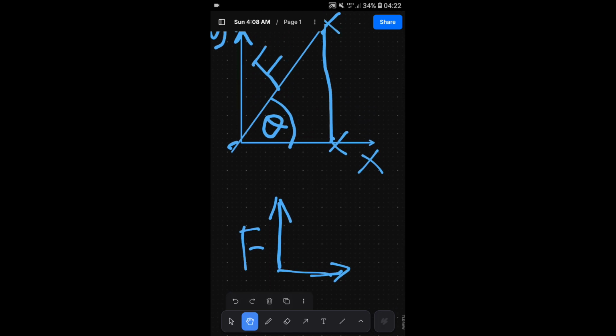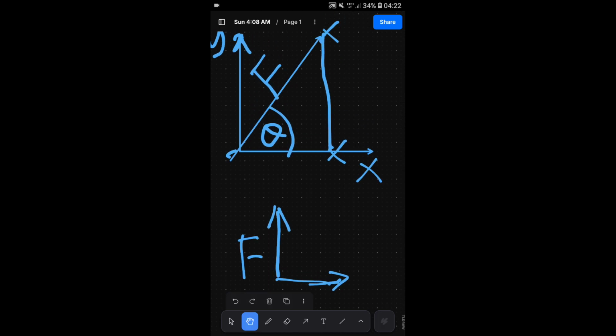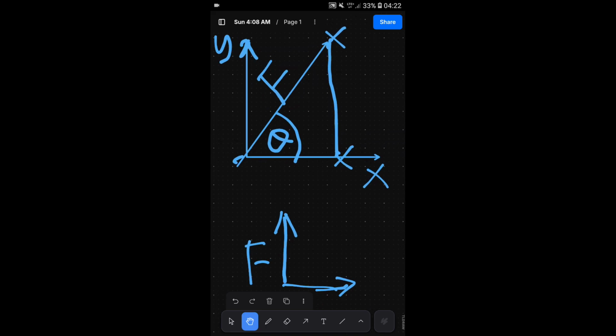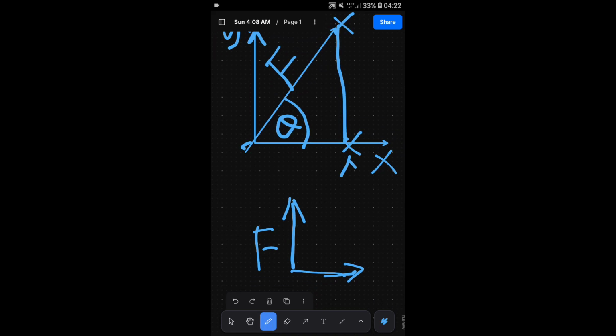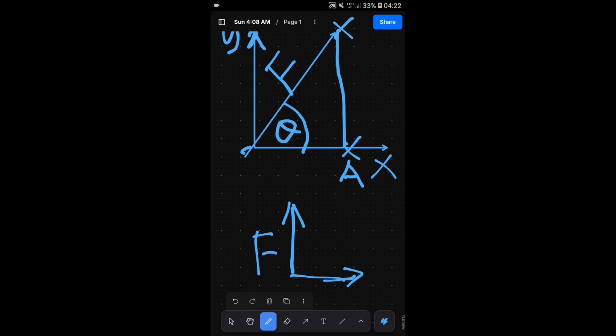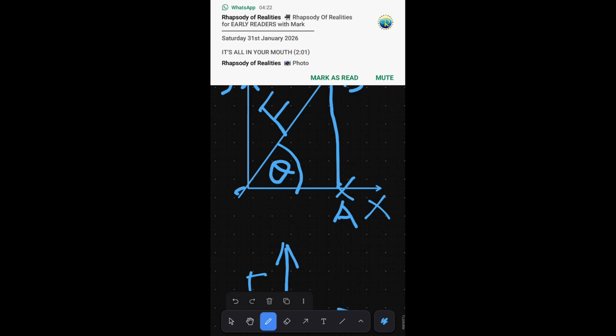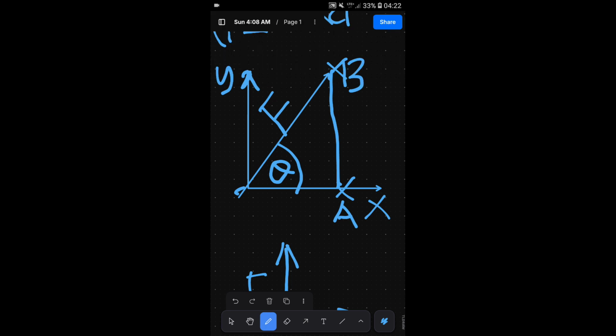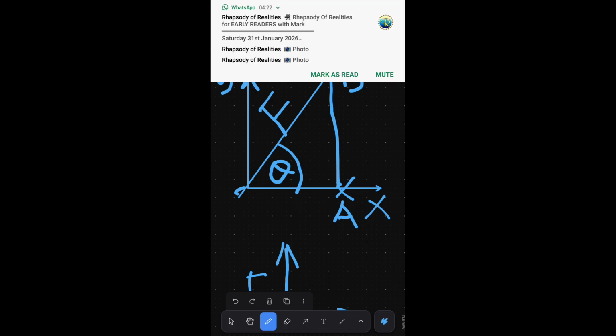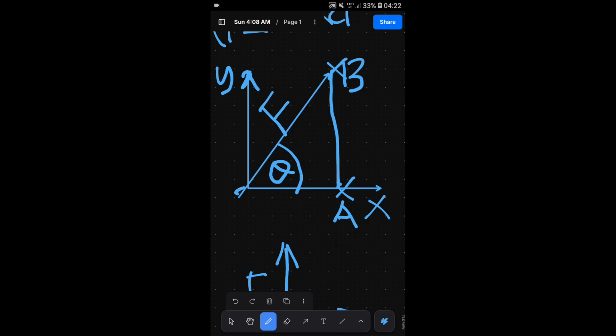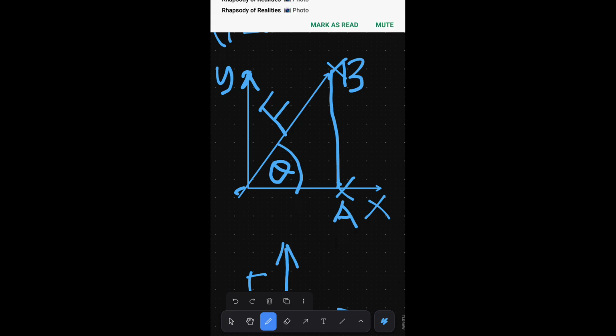Now let's go back to the diagram. If we want to look for sine theta, let's call this point on the x-axis A, and this point here B. Sine theta is going to be the opposite side on the hypotenuse, and the opposite side is AB.